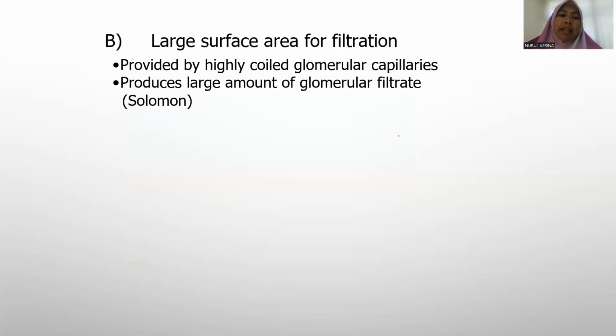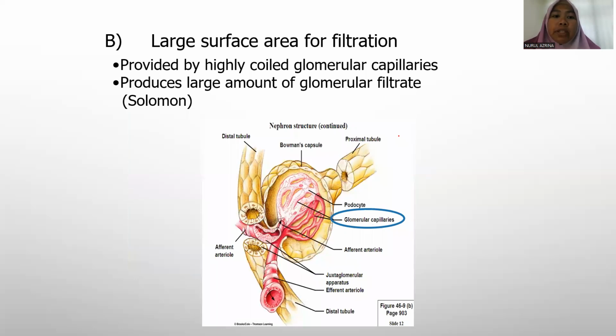The second factor is a large surface area for filtration. It is provided by the coil of glomerular capillary. The glomerulus is coiled and compressed, which provides a very large surface area for the process of ultrafiltration. Thus it produces a large amount of glomerular filtrate.